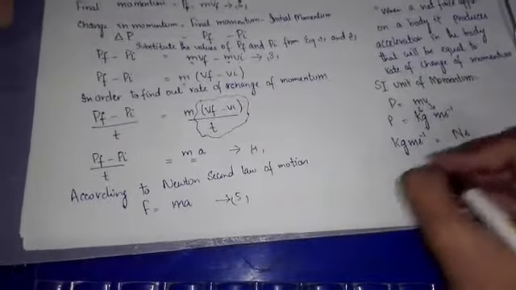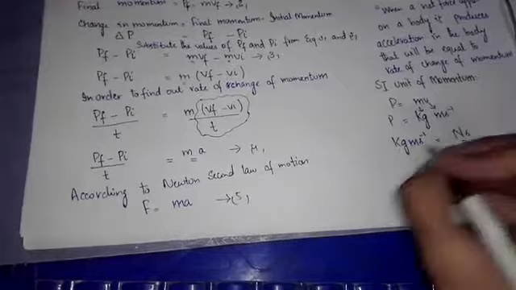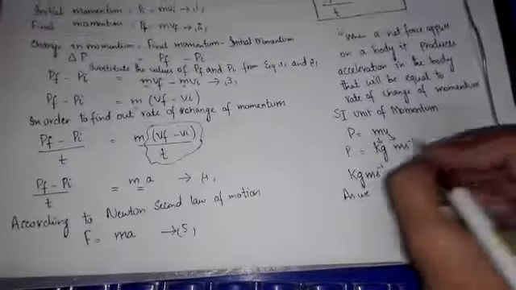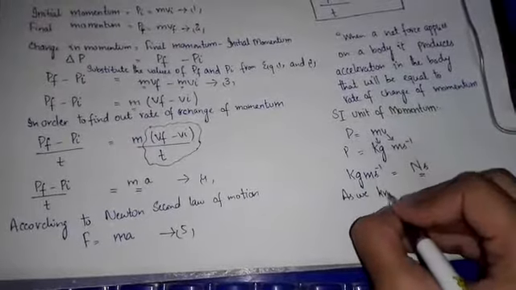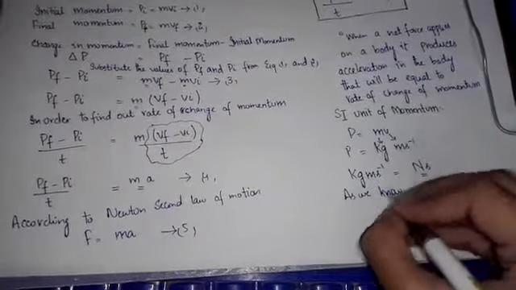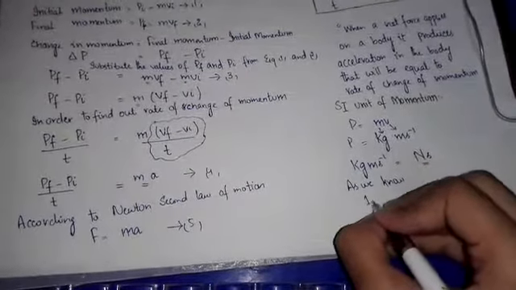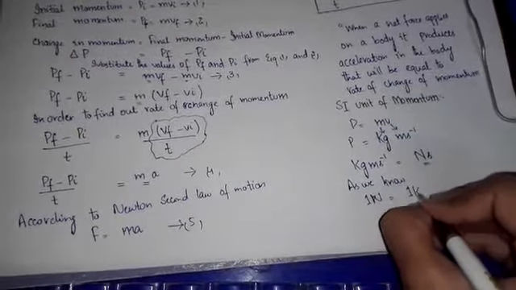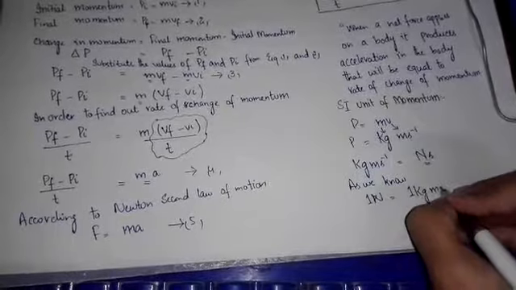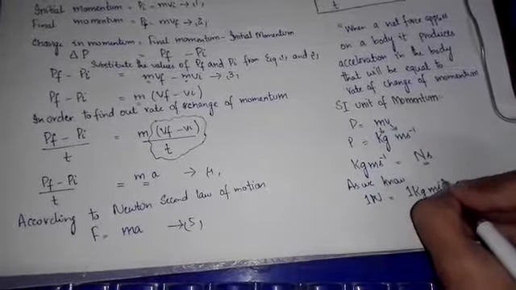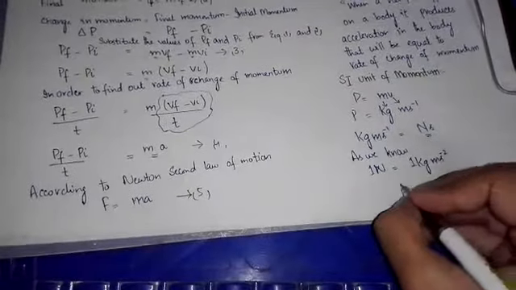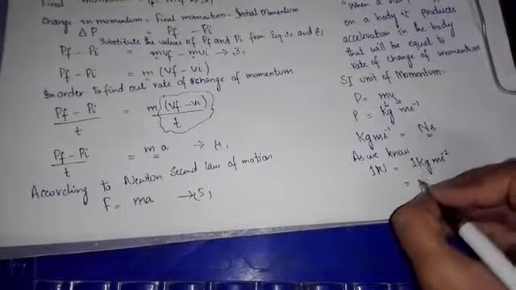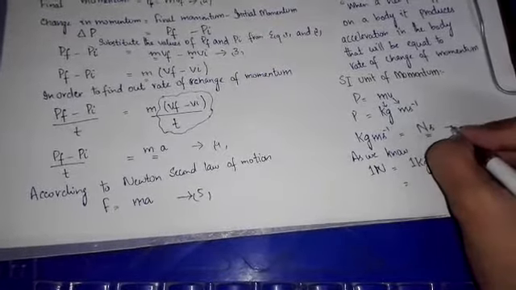How is it equal to Newton second? As we know, one Newton is equal to 1 kg meter per second square, right? Here we have Newton second in this equation.